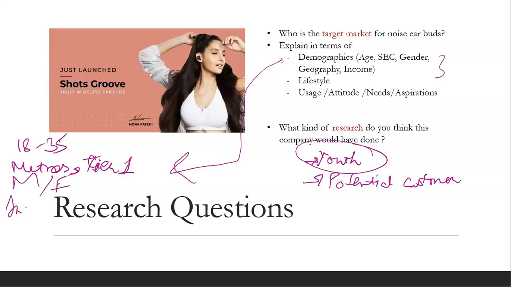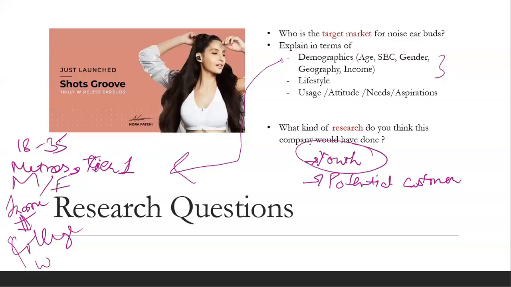Income can or cannot play a role here, but like you said, 18 to 35 years is a broad age band. Who comes under 18 to 35 years? College-going students and working people. College-going students maybe don't have that much money, but if their household income is good, then they can spend, and that becomes your target.